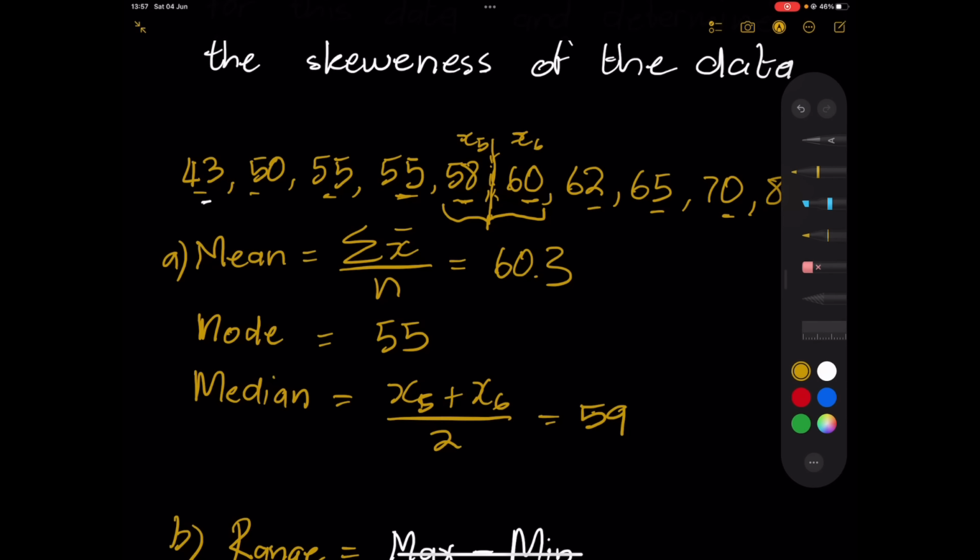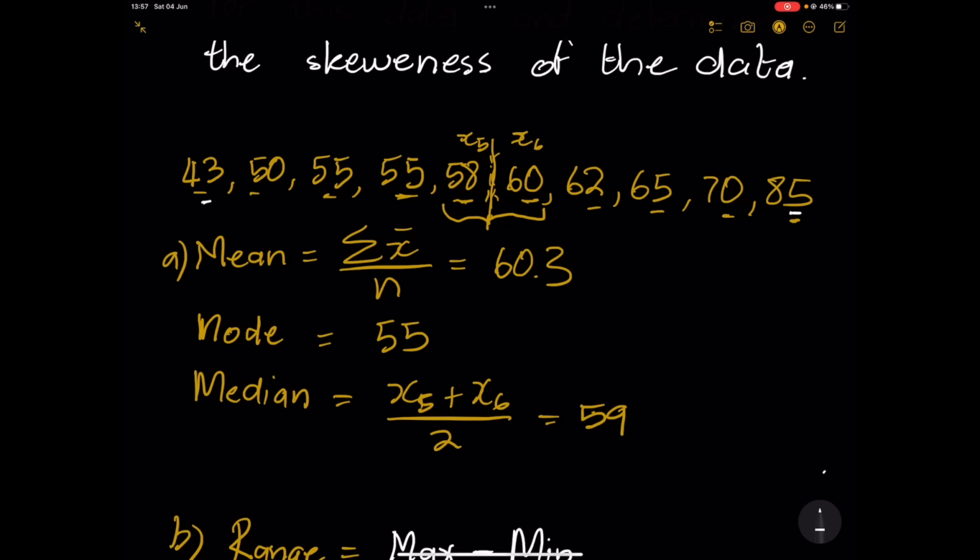The median is our Q2 value, right? So we know our Q2 value divides the data into two sets, and we said that Q2 value was 59, right? Sorry for making that mess there.